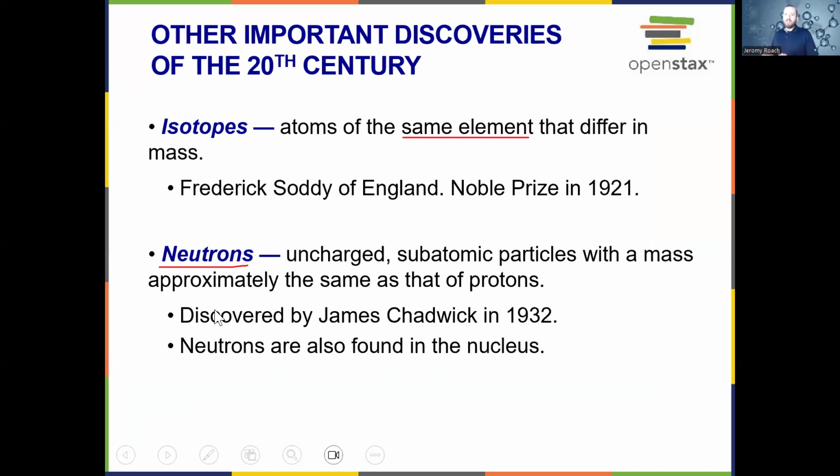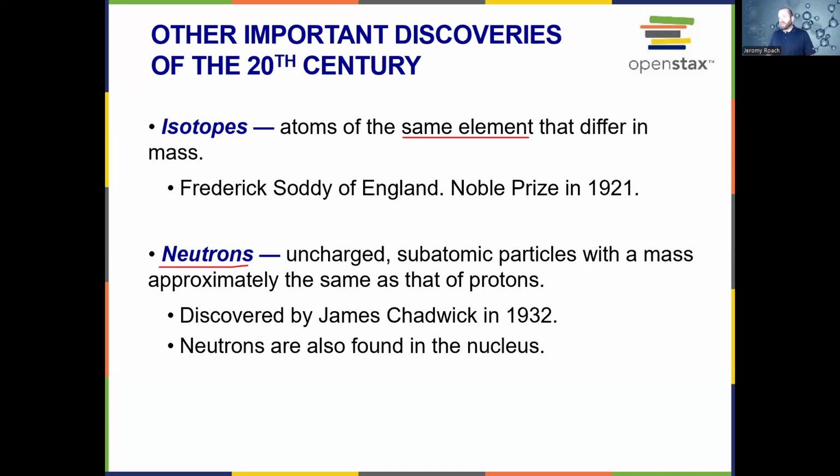All right, some other important discoveries from the 20th century are isotopes. These are atoms of the same element that have a different mass. Frederick Soddy of England won the Nobel Prize in 1921 for discovering this. Also, neutrons are uncharged subatomic particles.